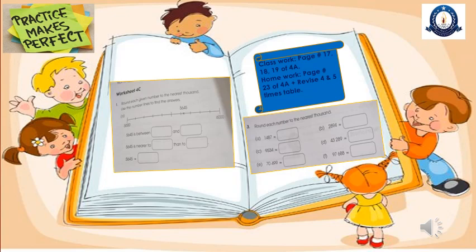So 5645 is nearer to 6000 than to 5000. Next is 5645. See which number is on thousandth place. 5. Next number is 6. 6 belongs to up family. So this 5 will go one step up and in place of last 3 digits you will add 30. So answer will be 6000.